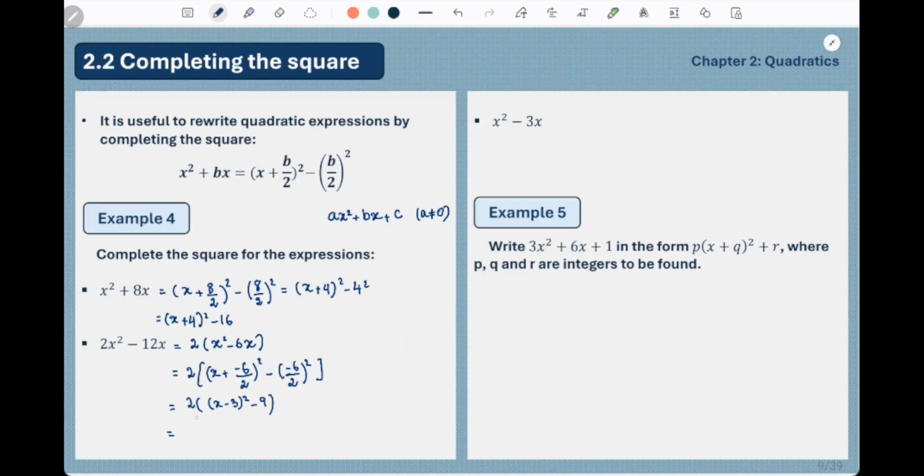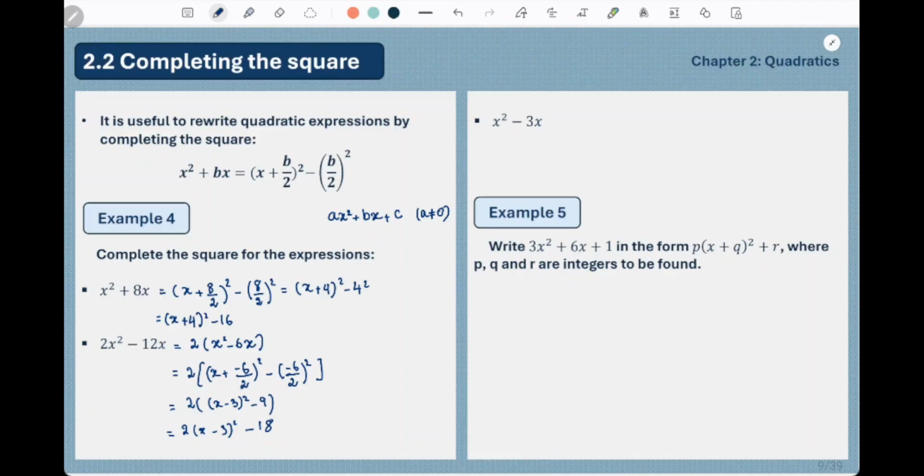This 2, if we were to expand it, will expand onto this one and this one. One mistake students often make is when they write 2 times x minus 3 squared and leave the 9 as it is. That is a big mistake. When I said the big bracket, it applies, minus 9 is inside that big bracket. So if we were to do the expansion, it should be minus 9 times 2, which is minus 18.